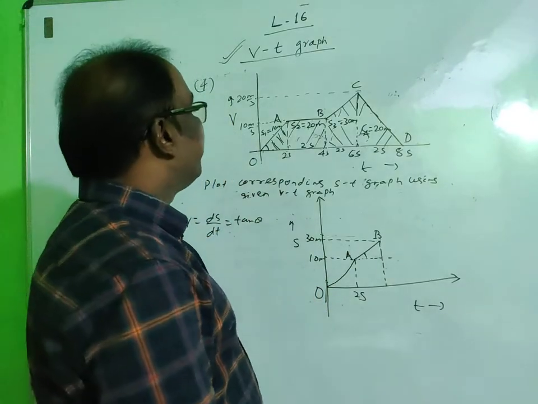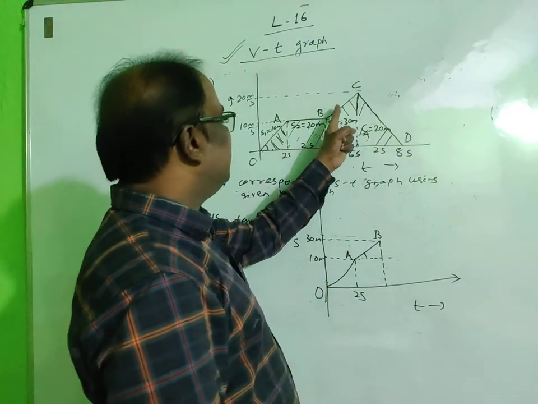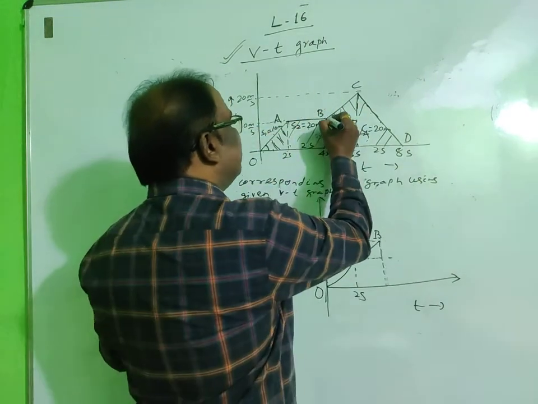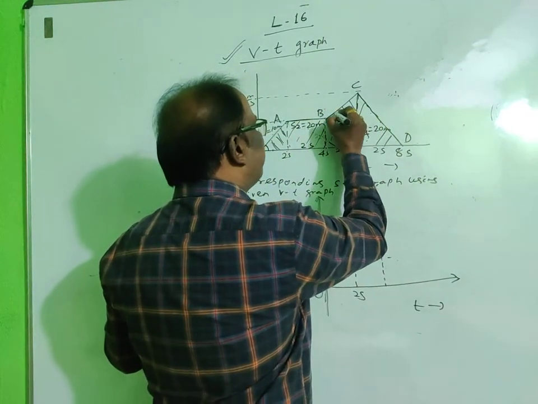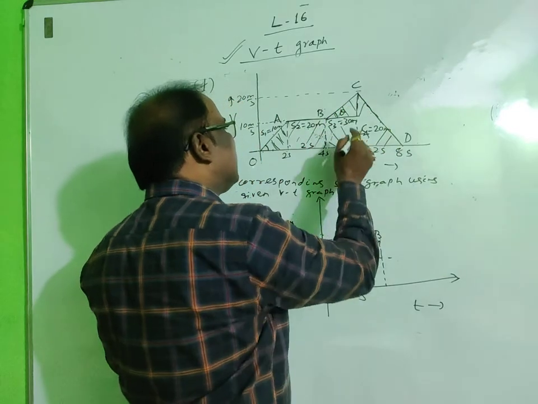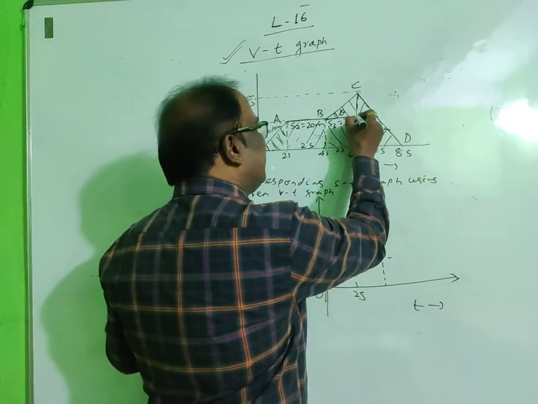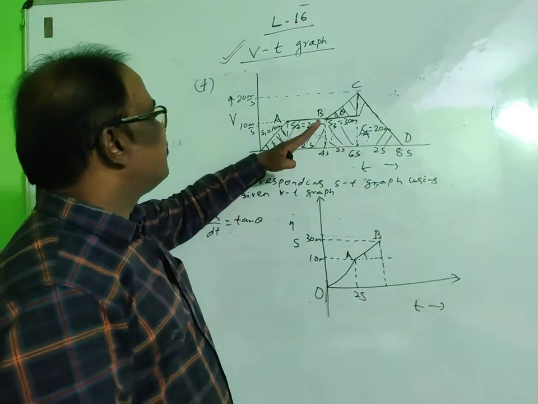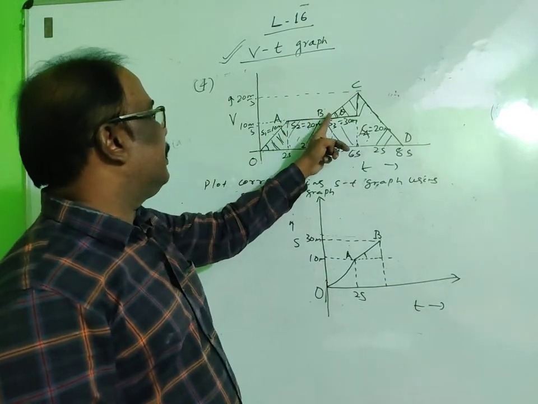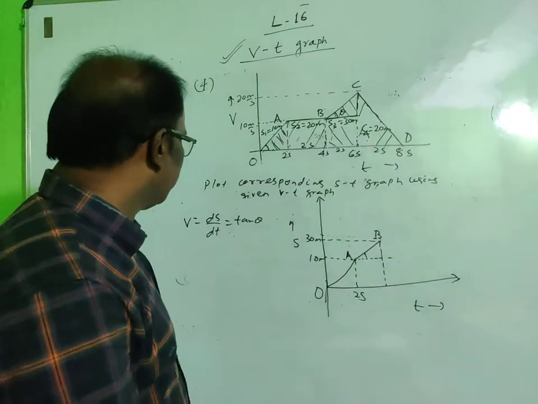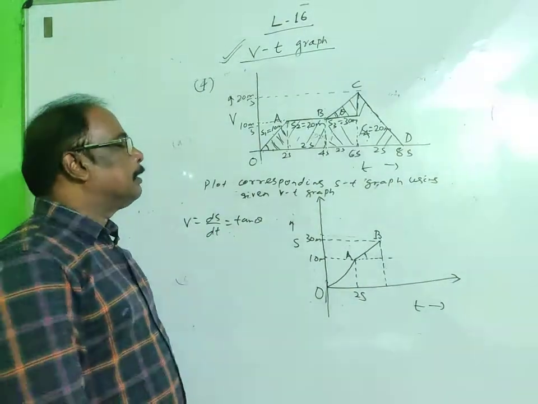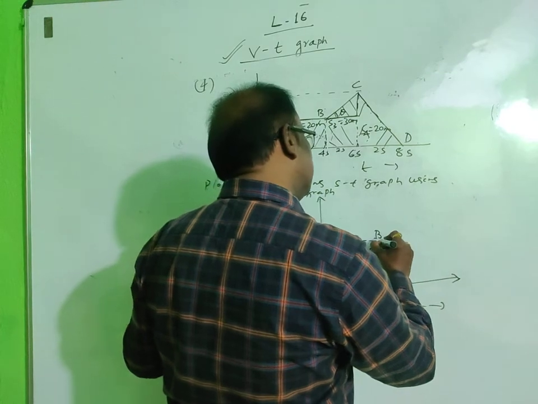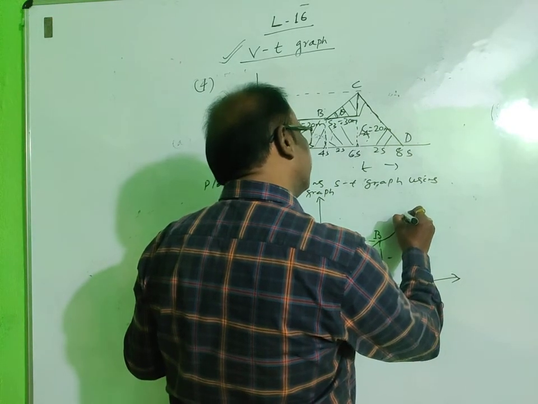Then from B to C, in BC the velocity increases from 10 meter per second to 20 meter per second. Velocity increases, tan theta increases. So again, the graph is a curve bending upward.